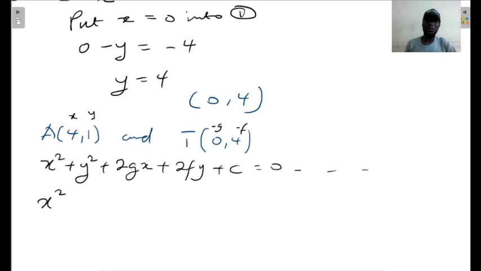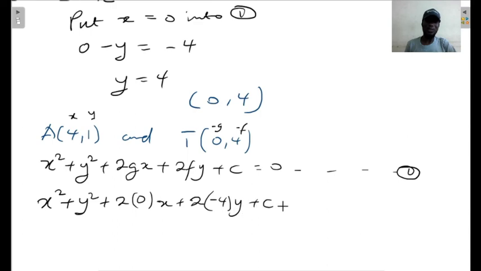Let me call this one equation 1 for easy identification. x squared plus y squared plus 2, our g is 0, x plus 2. If negative f is 4, then f will be negative 4y plus c equals 0. This will give us x squared plus y squared plus 0, let me just write plus 0, minus 8y plus c equals 0.